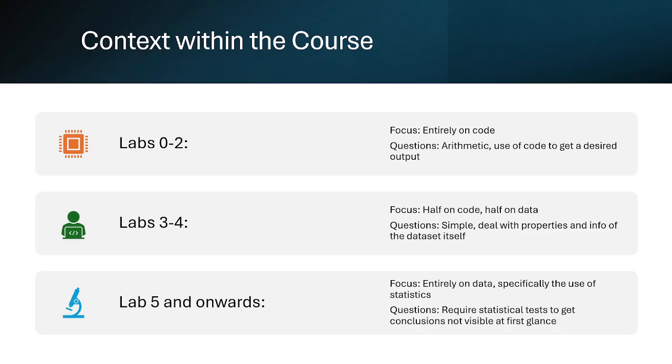So that is the general trajectory. That being said, what this means is that we will not be as code oriented as we were in the first half of the semester, right?